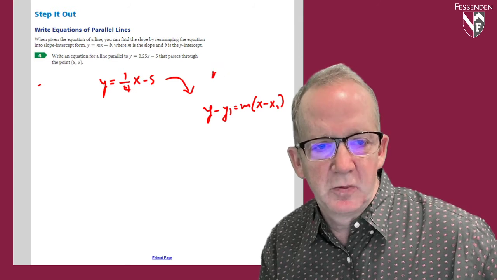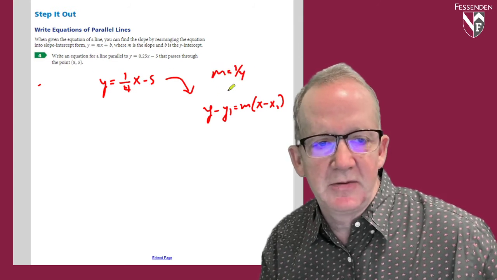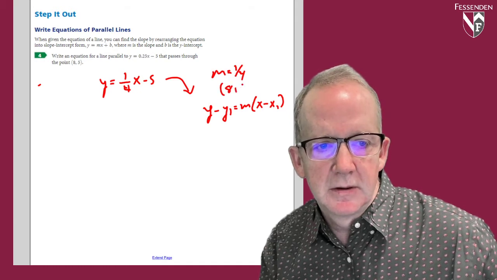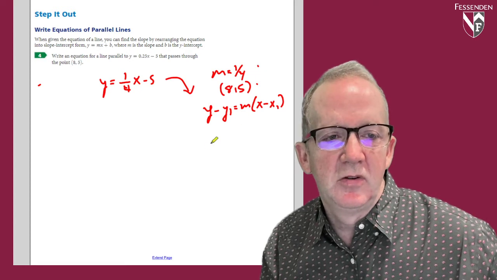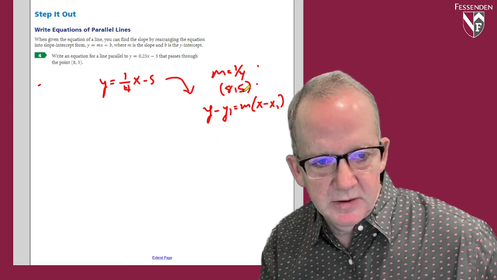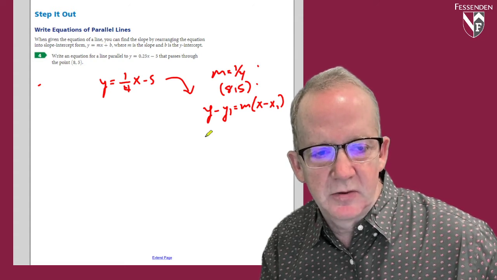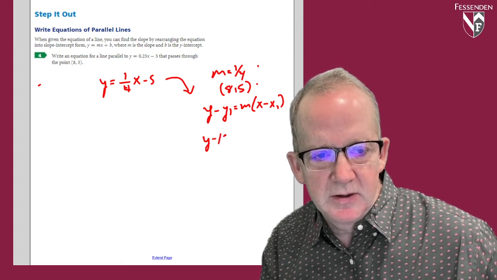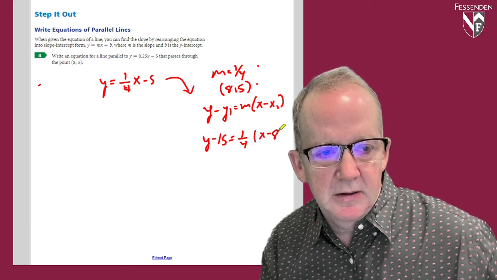If we know the slope is 1/4, and it goes through the point 8, 5, that means you have a point and a slope, so you can use this form. Replace the 5 for the y1 and the x1 with the 8, so it'll be y minus 15 equals 1/4 times x minus 8.